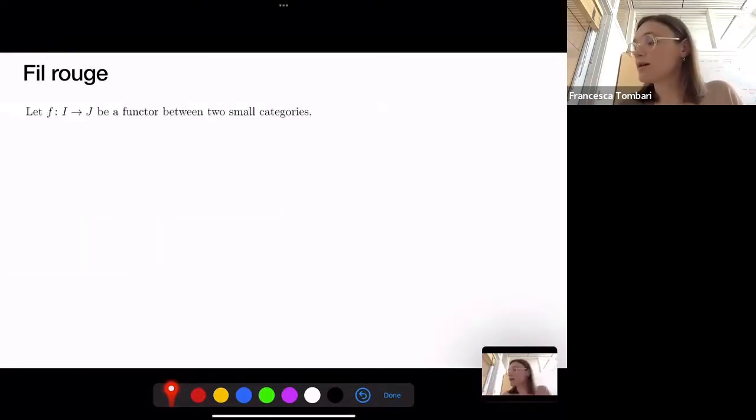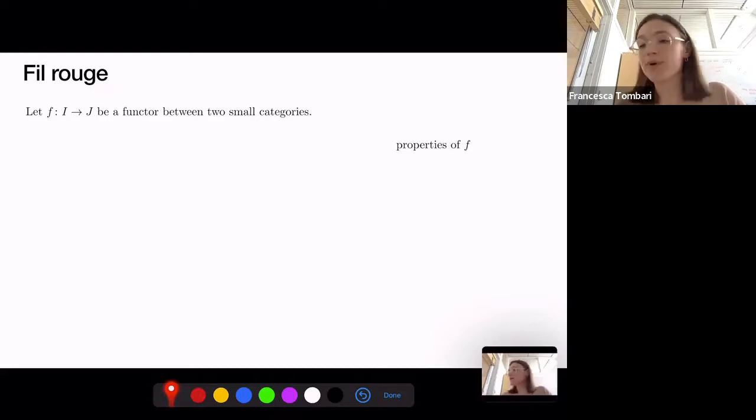I'm going to tell you this, but in general terms. So let's start with a functor between two small categories, I and J. Let's say that we want to study the properties of this functor. Here I'm on purpose vague, but soon we are going to see some examples.